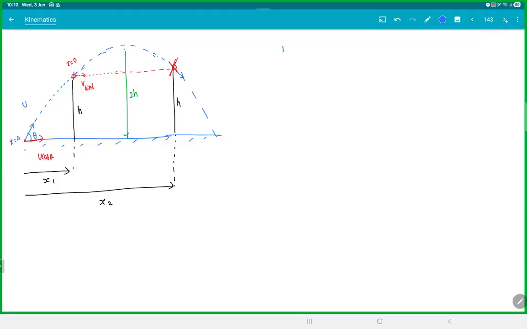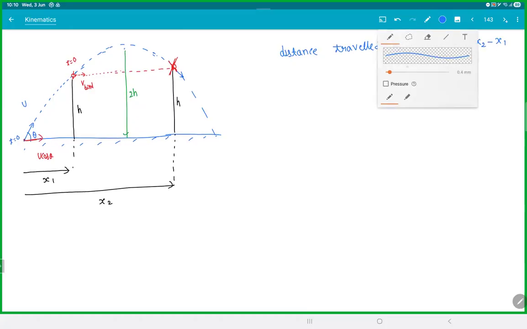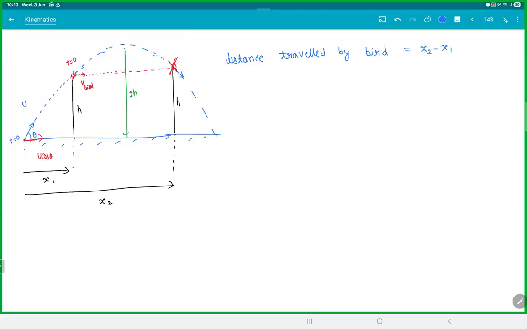So what is the distance traveled by the bird? The bird is traveling x2 minus x1. Right? And what is x2 minus x1? X2 minus x1 is nothing but velocity of the bird into time t. How much time, we don't know.